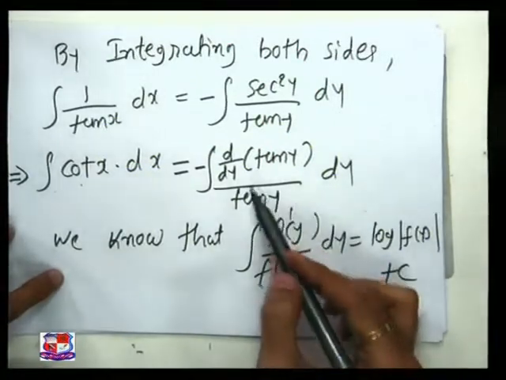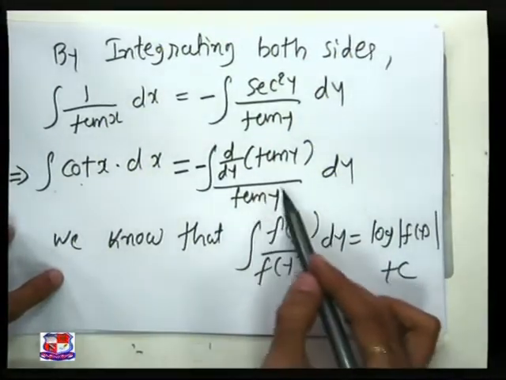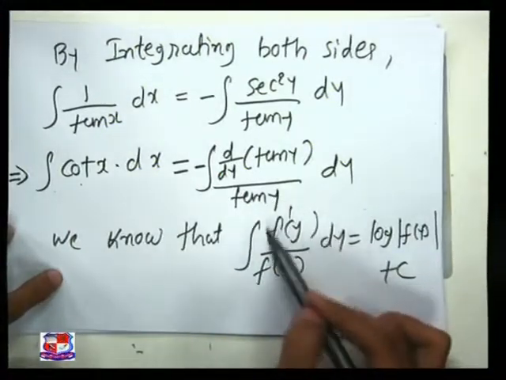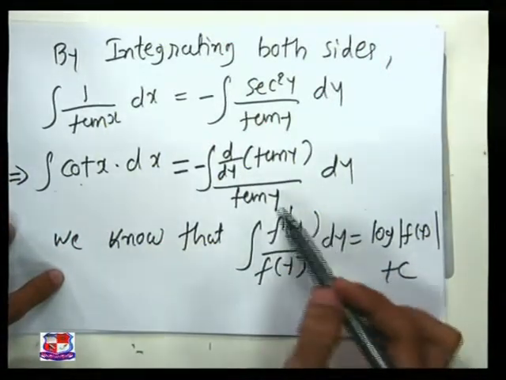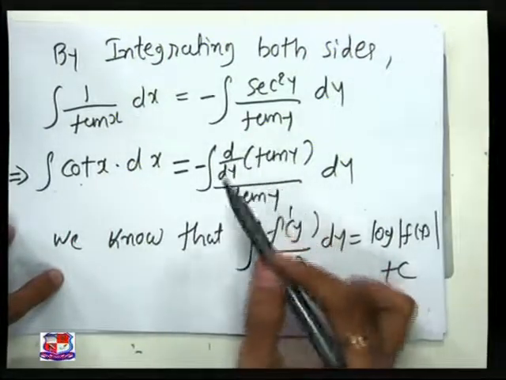So here the function of y is equal to f of y, that is 10y, and the differentiation of f of y, that is f dash y, is d by dy of 10y. So we can use this formula to integrate this type of integral.